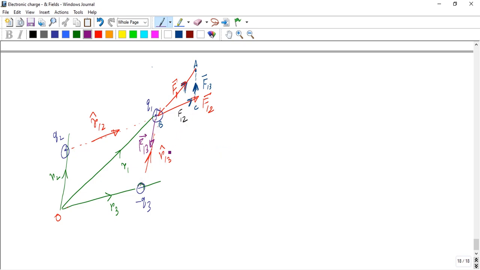Similarly, we can now draw the same construction, parallel to F1. Parallel to F1 means like this, starting here to there. That is a parallel of F1.